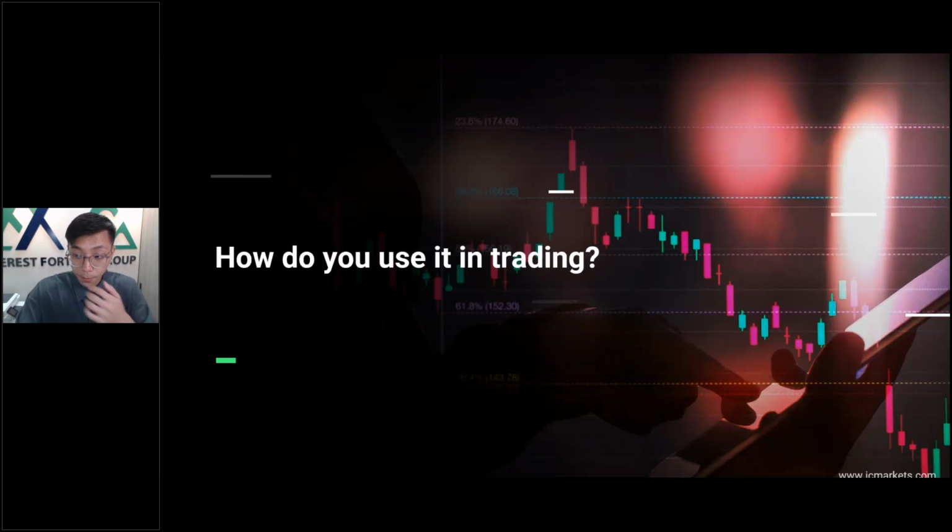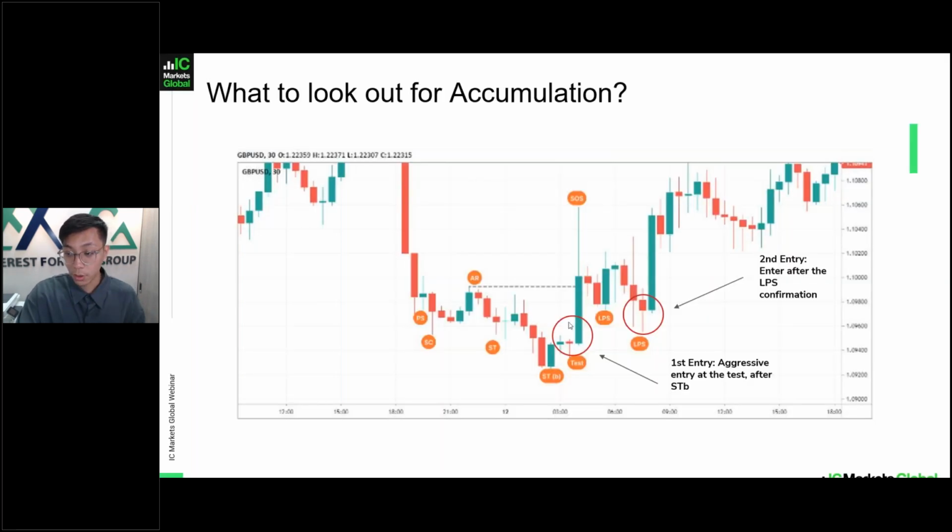So sometimes, after, let's say you're scared to enter this, you want to see sign of strength first, right? So once you see sign of strength, price broke through, came back down to retest this area, and then blue pass. So sometimes you can enter after the retest, and then you hold your trade.